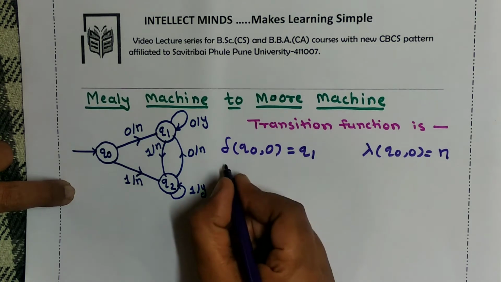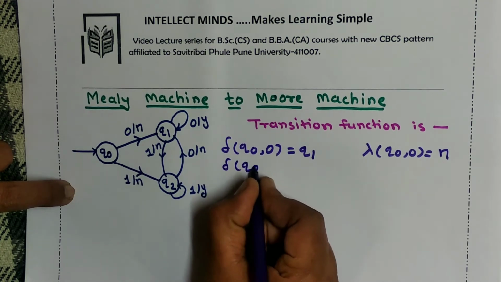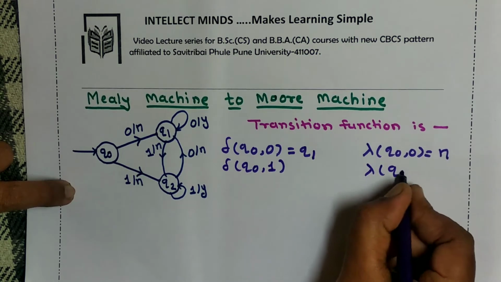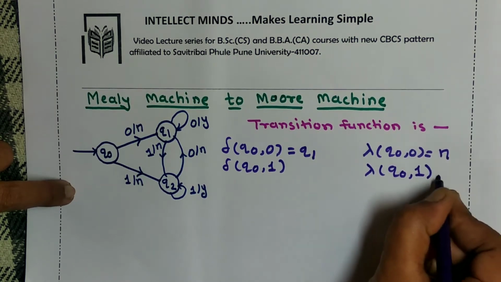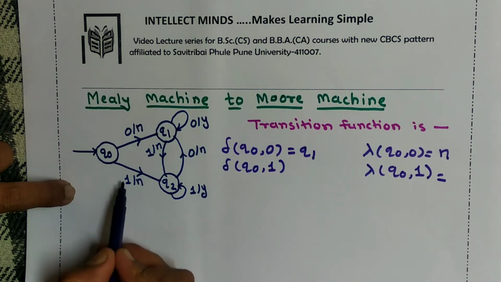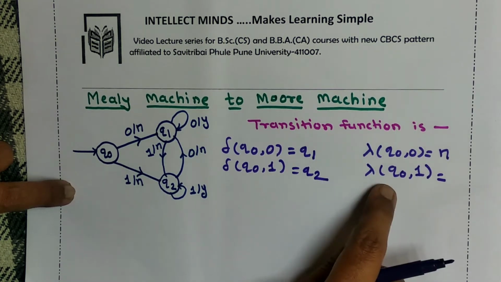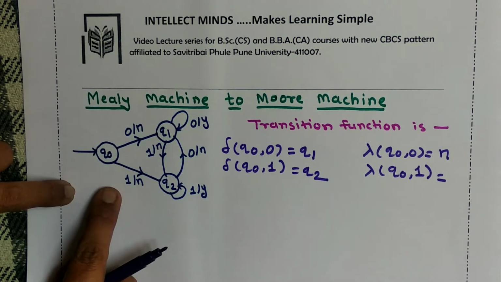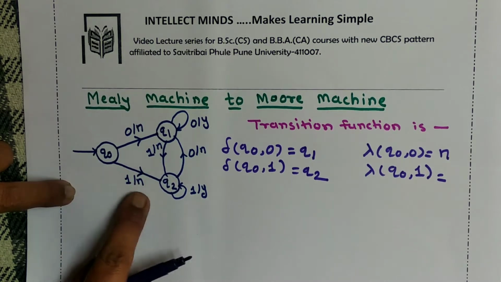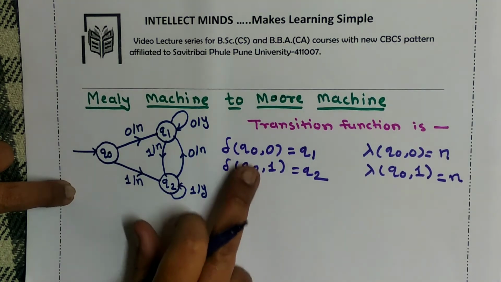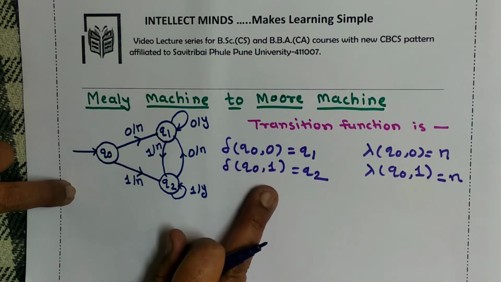Now next, delta of Q0 over the next input 1 and lambda of Q0 over 1. Q0 by taking 1 goes to Q2, and Q0 by taking 1 gives the output N. Next, so that is done for Q0 on both the inputs.